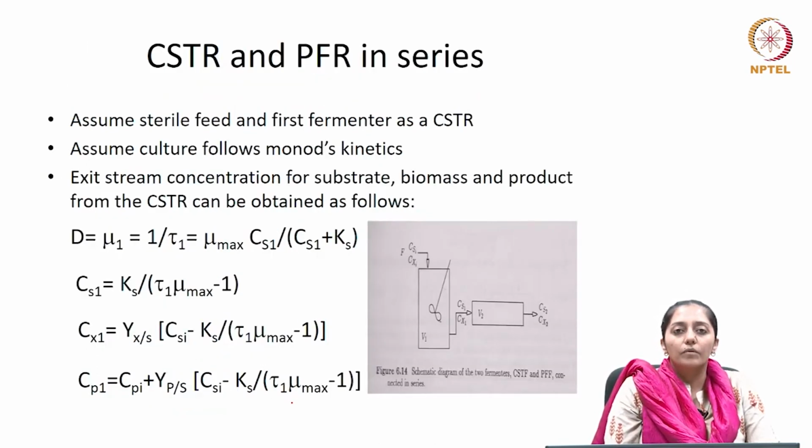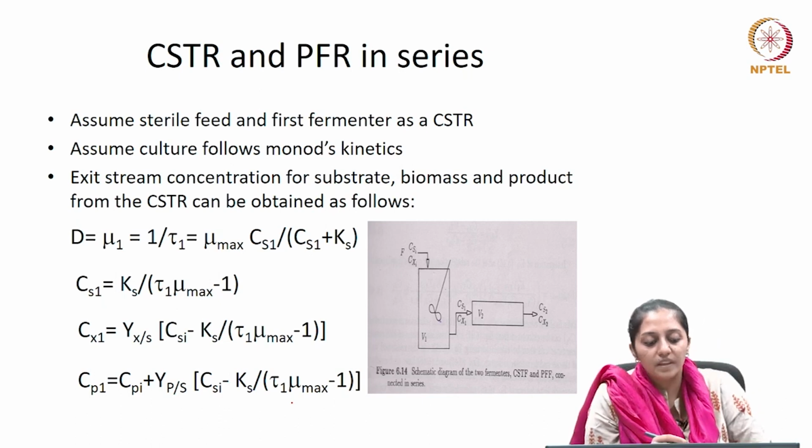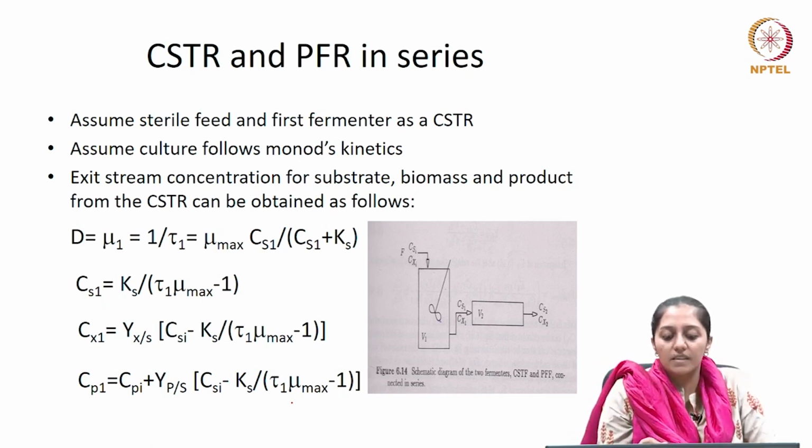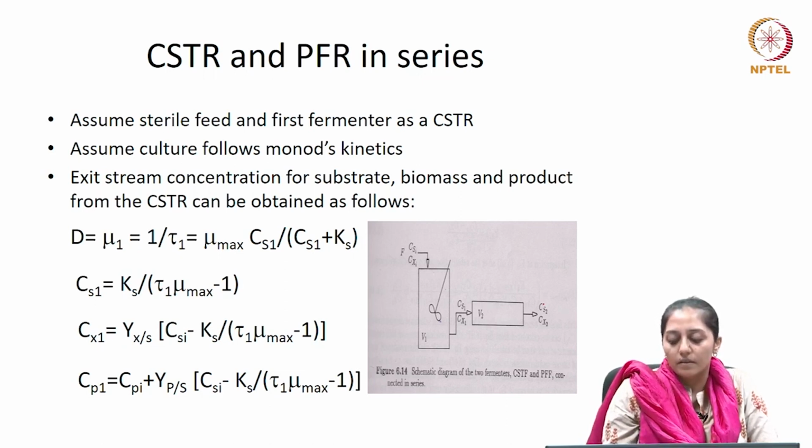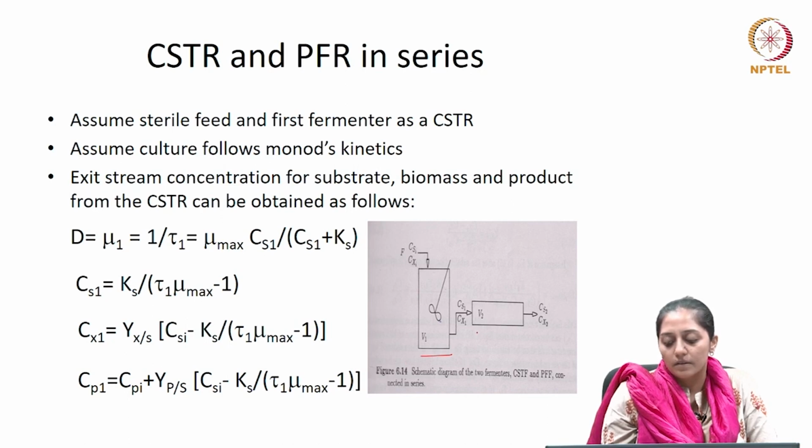Let's see in what situations we need to use the plug flow reactor model. Let's assume that it is a sterile feed in a combination of two reactors. The first one is the continuous reactor, an ideal CSTR, followed by an ideal plug flow reactor.